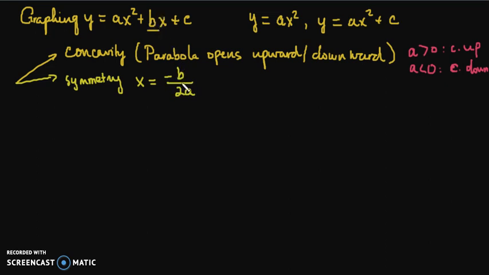So in this case, here is where the b in the formula comes into play. So x equal to negative b divided by 2a is the axis of symmetry.